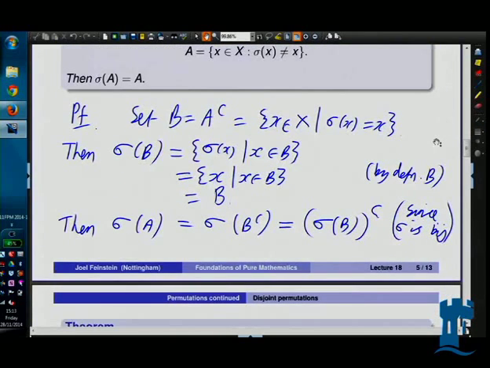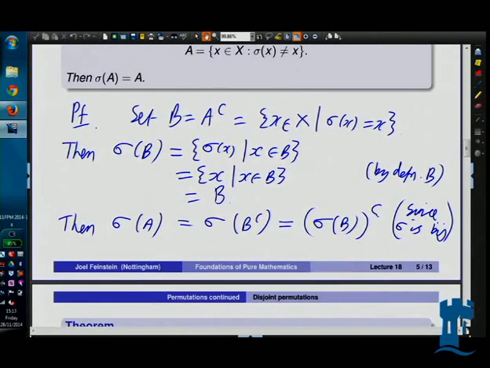But sigma of B is B, so that's just B complement by above, which is equal to A. Okay, so that's one of dozens of different ways to prove this thing. I shall let you think up some more proofs for yourself.